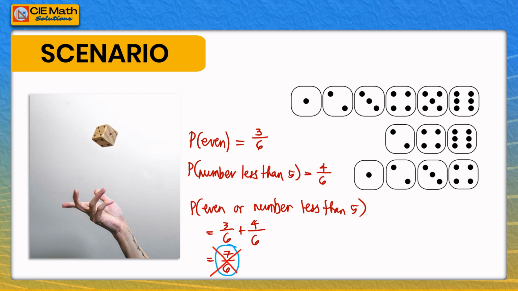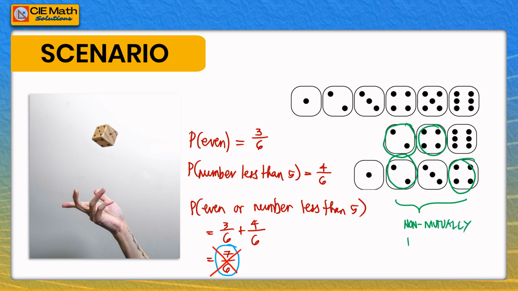What is the reason why this is not correct? If we take a look at these results, the probability of even and the probability of a number less than 5, we could see there that both of them contain 2 and both of them contain 4. They have common elements. This means that these events are non-mutually exclusive events.